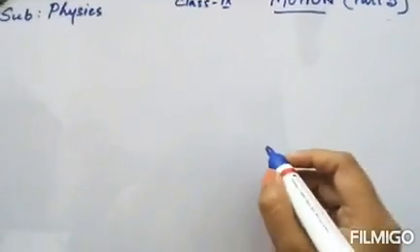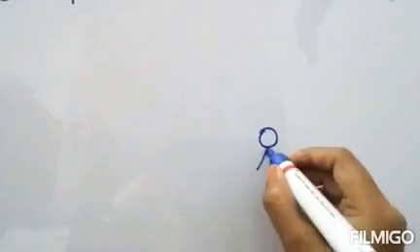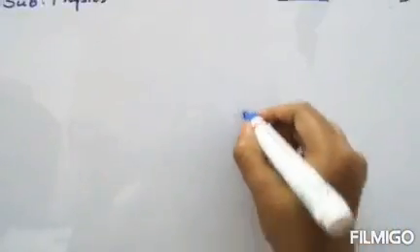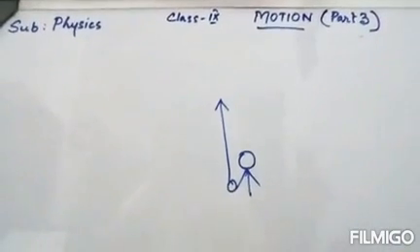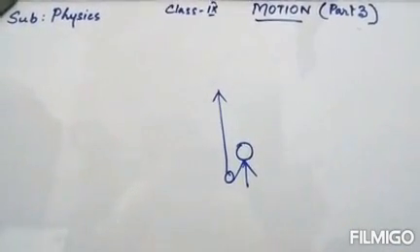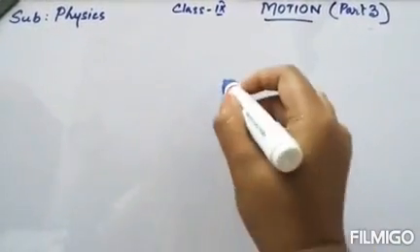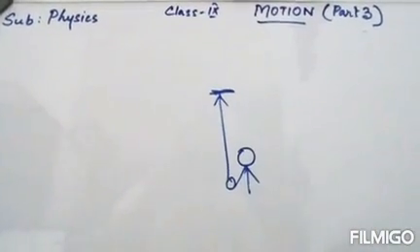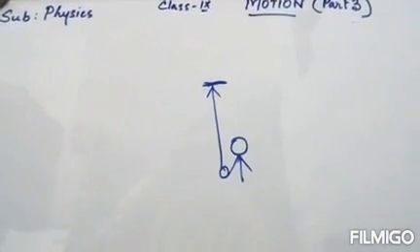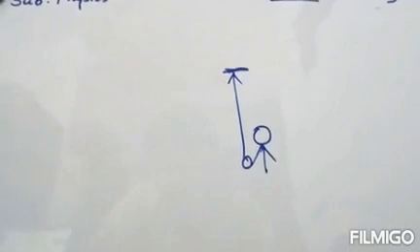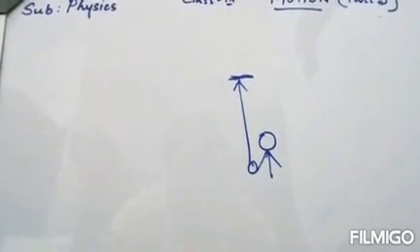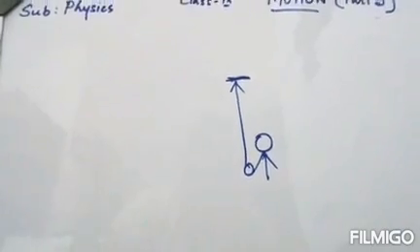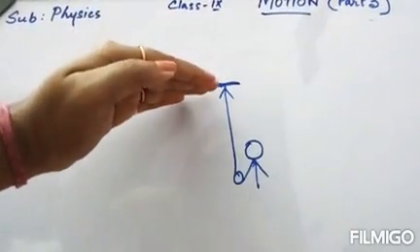Also suppose you are standing and you are throwing a ball up. Then what will happen at a certain level? At a certain level the body will have a constant acceleration but will have zero velocity, because at a certain level it will come to stationary.